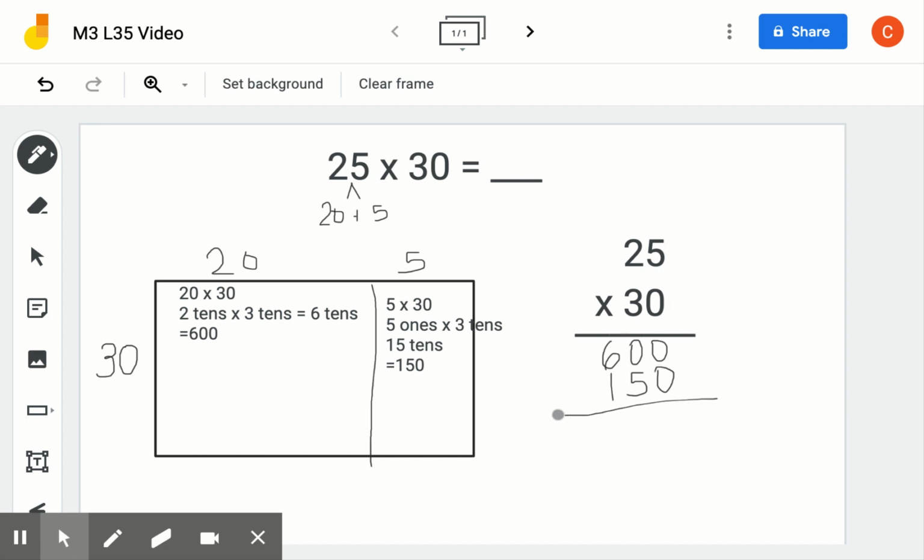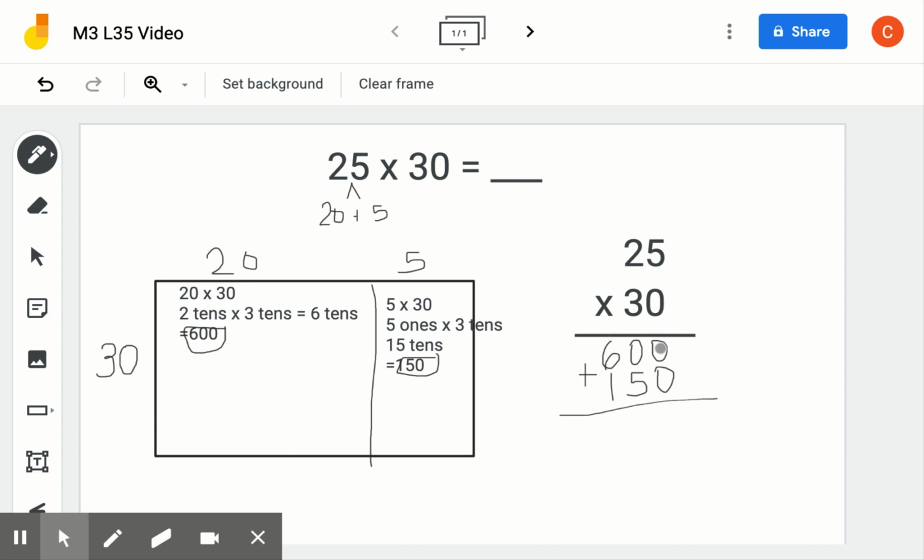Now I know with partial products, what I do is I add those parts up to get a whole. So I'm going to add those up. Same over here. I know the area of this larger rectangle and this smaller rectangle added together will give me the area of this whole rectangle. Part of this multiplication answer plus this part will give me the whole answer, what 25 times 30 equals.